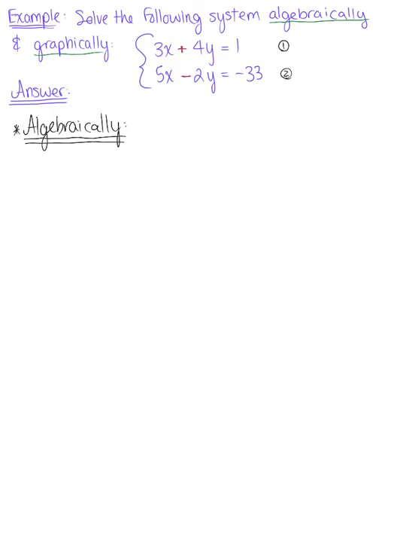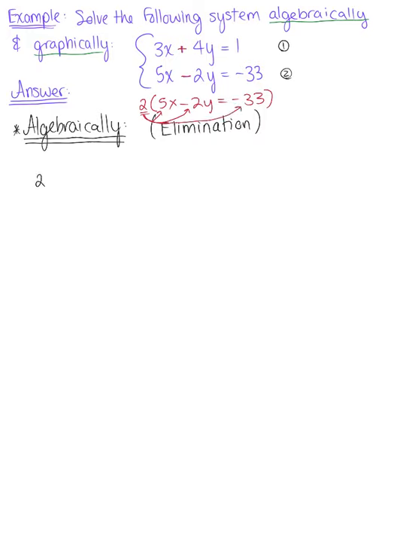I'm going to go ahead and multiply equation 2 by 2, and then add it to equation 1 to eliminate y. So do a little scratch work out here first. And we'll keep in mind that when I'm multiplying equation 2 by 2, so if I have 2 times 5x minus 2y is equal to negative 33, I want to be mindful that I distribute this 2 through to each piece of the equation here on both sides.